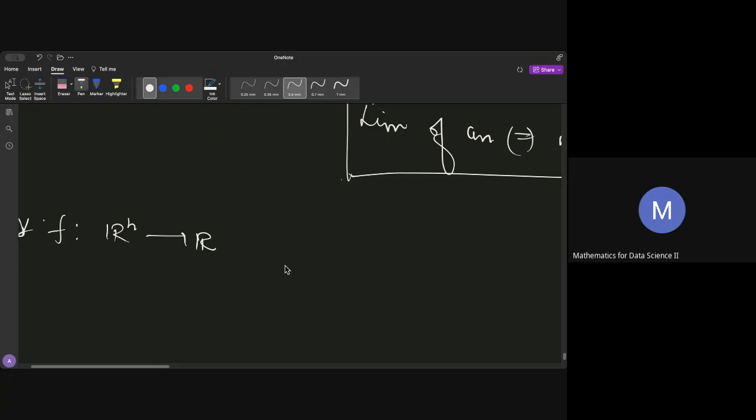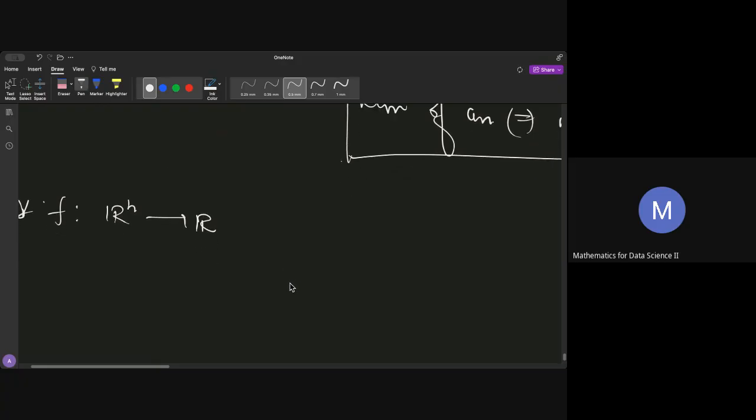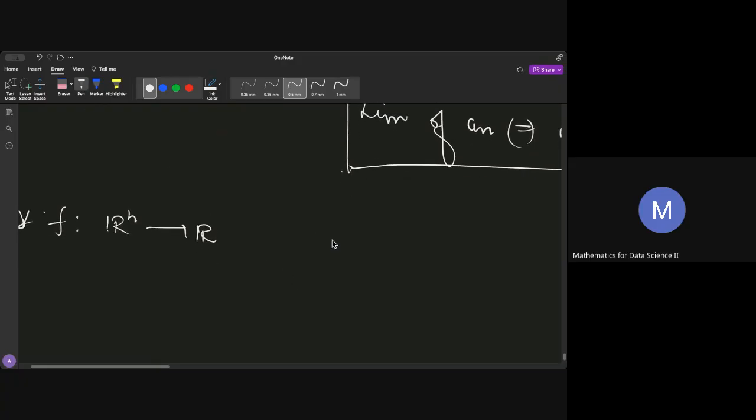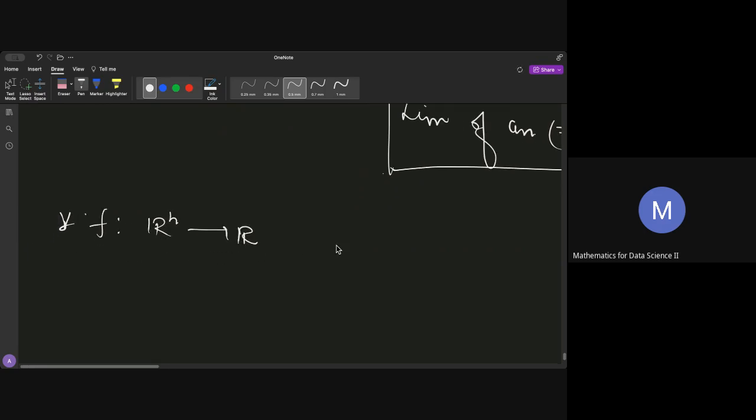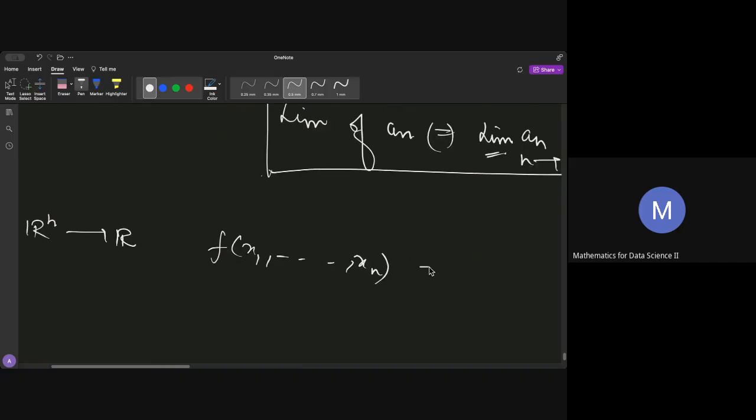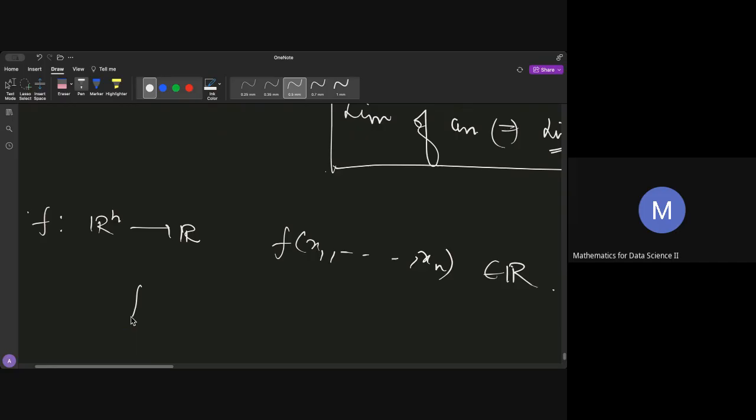What this means is, if I say a function from Rn to Rm, it's this kind of function, x1 to xn, and some value of this kind of function is there. And the value belongs to R. Then the limit of f of x, I'm denoting this entire thing by x tilde.